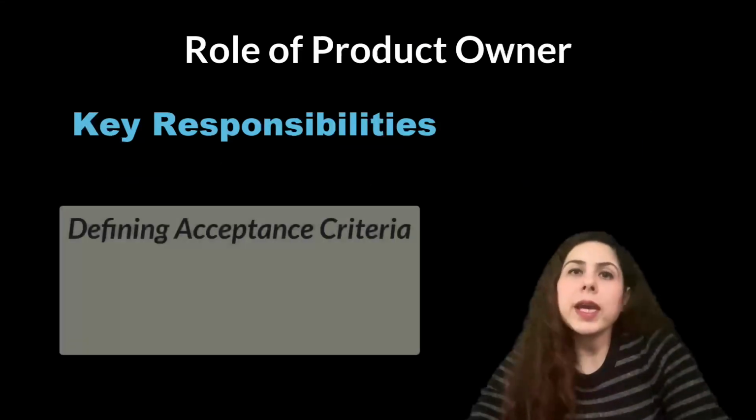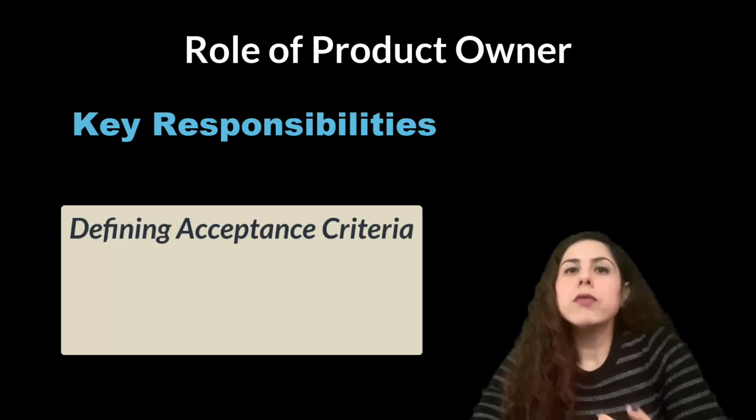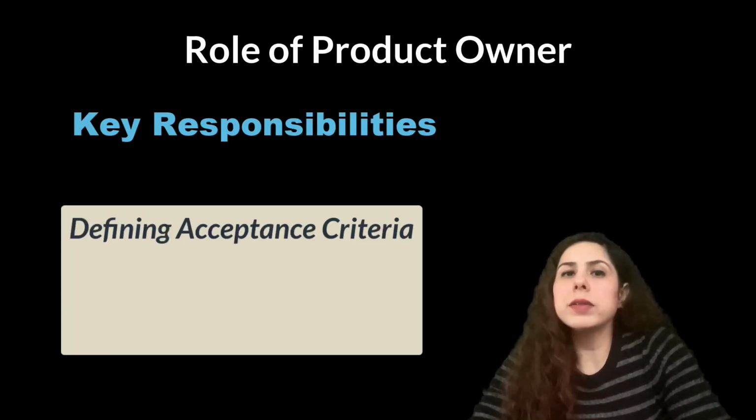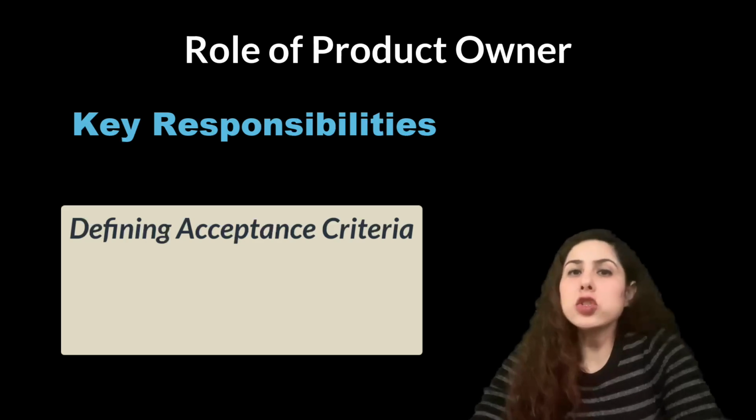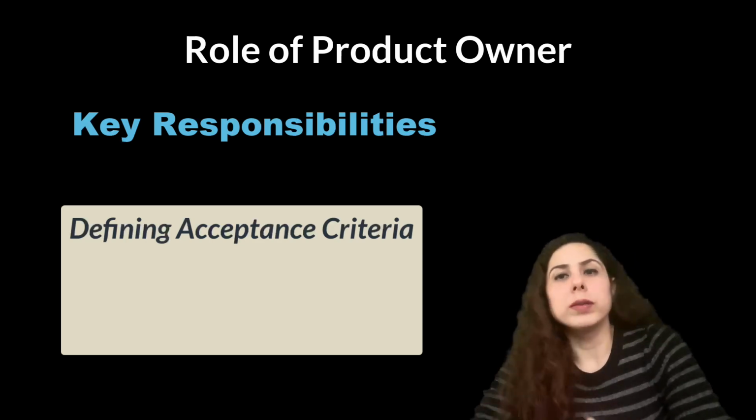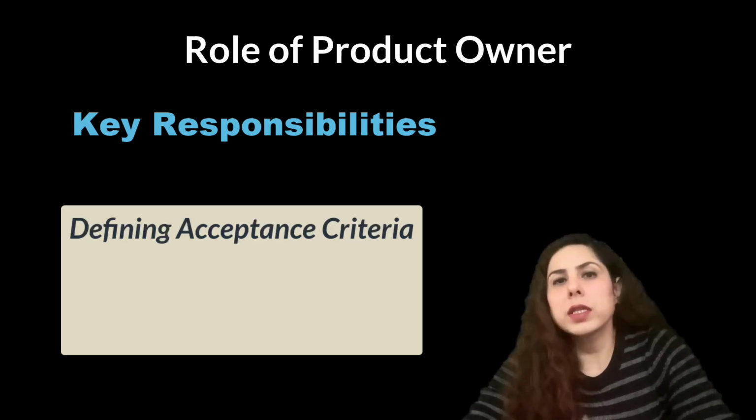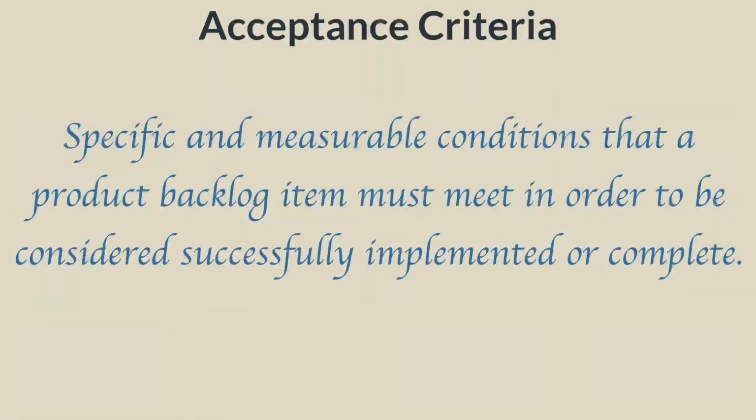Fifth, defining the acceptance criteria. For each product backlog item, an acceptance criteria needs to be finalized by the product owner. Now, what is an acceptance criteria? Acceptance criteria are specific and measurable conditions that PBIs must meet to be considered successfully implemented or complete.